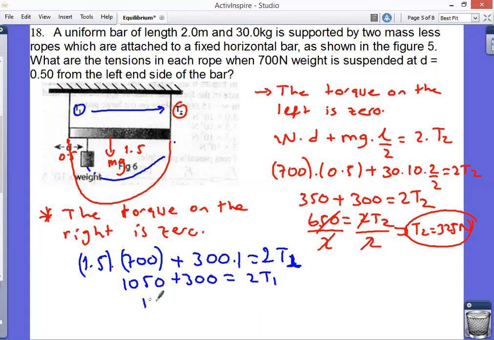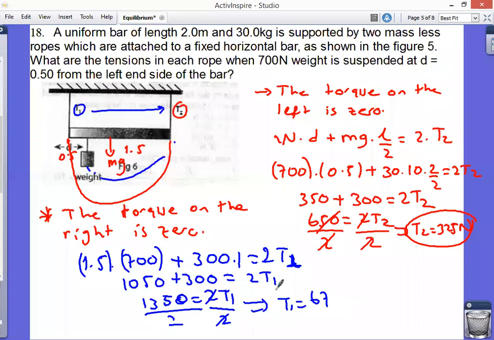So it's going to be 1350 equal to 2 T1. Again, let's divide by 2. When you divide by 2, the value of T1 is going to be 675 Newton, okay? 675 Newton will be the answer for T1, and T2 is 325 Newton.